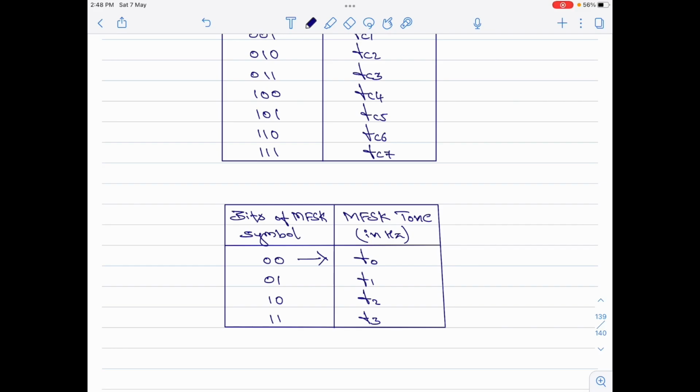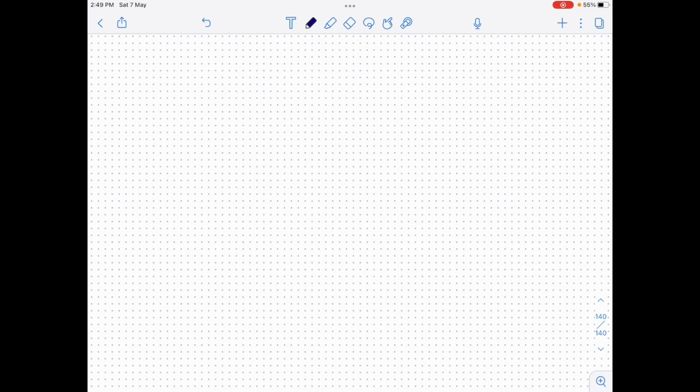With that information, now we are ready to move on to plot the transmitted frequency as a function of time for the given binary data as well as the generated PN sequence at the part B of the question. I'll start with the x-axis, which represents the time axis.